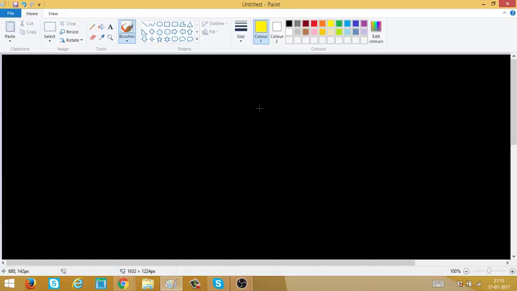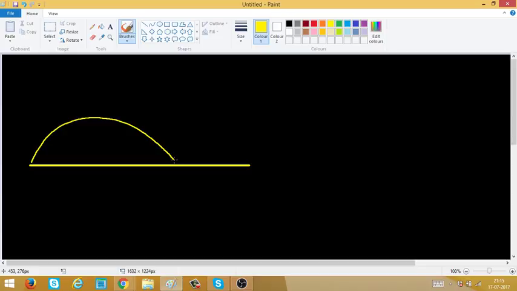So we have a situation like this over here. If I say this is the ground, and two particles are projected from the ground, one falls like this probably, and the other one probably falls like this. We don't know. What is given to us?